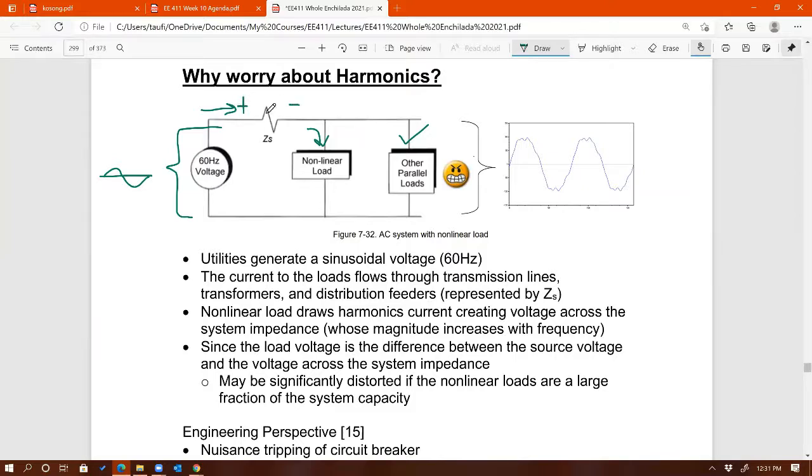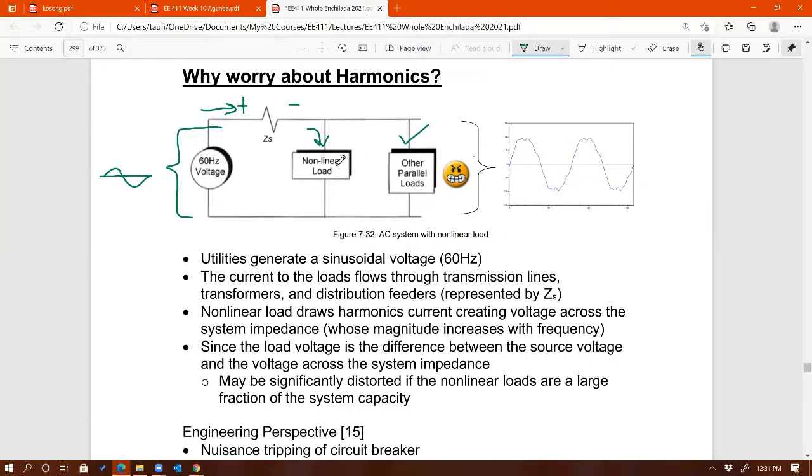By Ohm's law, that voltage drop is equal to Zs times the current through it, right? And how much is the current through this impedance? That's got to be, by KCL, the summation of all these currents through these different houses, right?